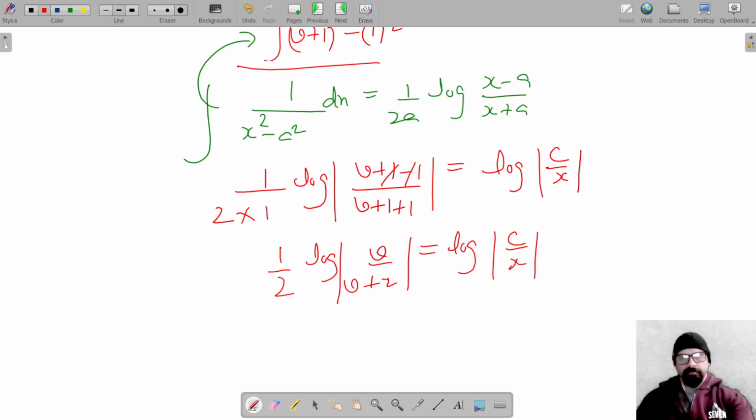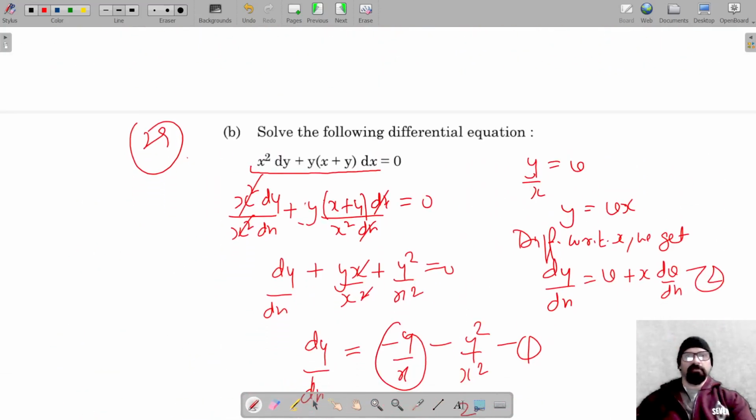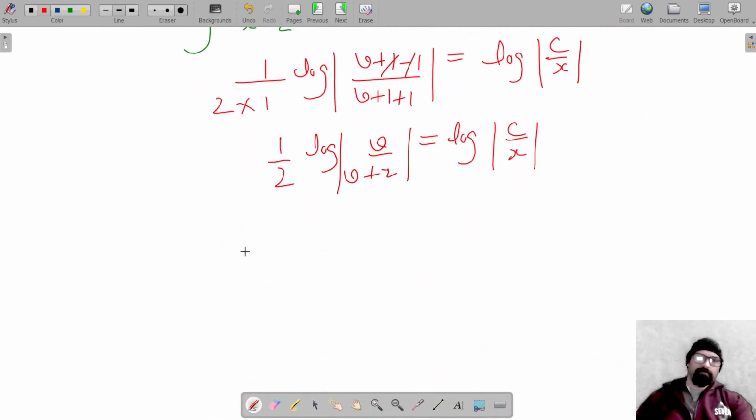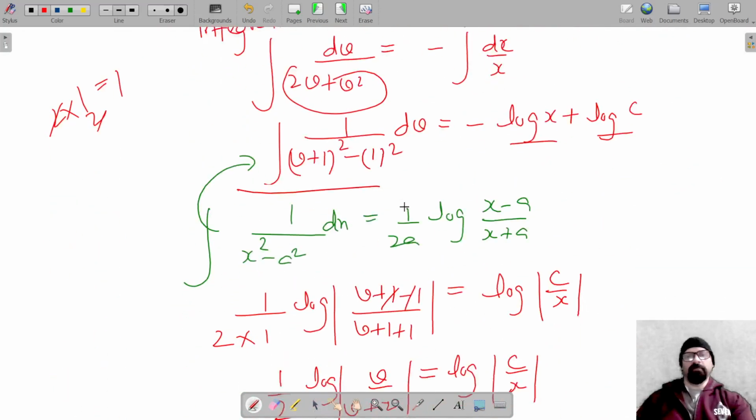So we finally have half log v upon v plus 2 is equal to log of cx. And we have to solve the following equations. It's not a particular solution we have to find out. So we'll just replace the value now. Let's resubstitute the value of v, which was y by x.